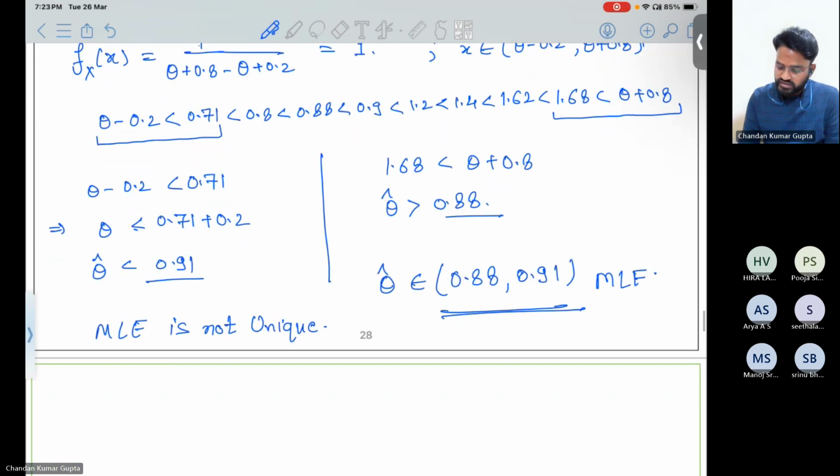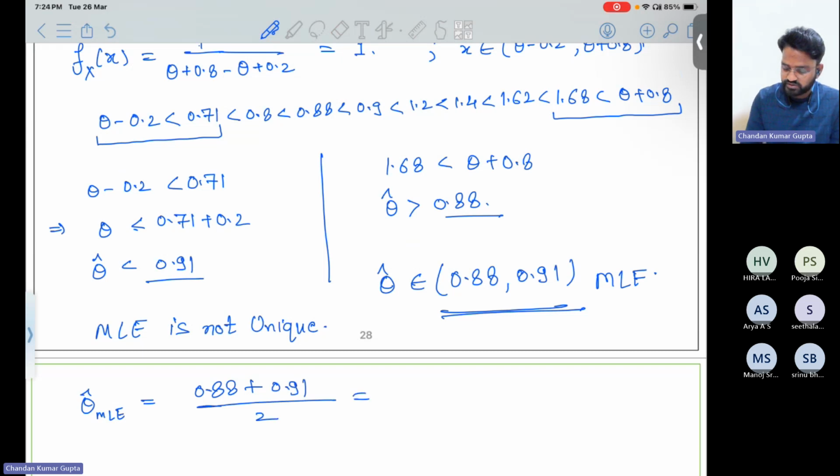So the MLE can be any value here. We may take the mean value, 0.88 plus 0.91 divided by 2, that gives 0.895, which is approximately equal to 0.90.